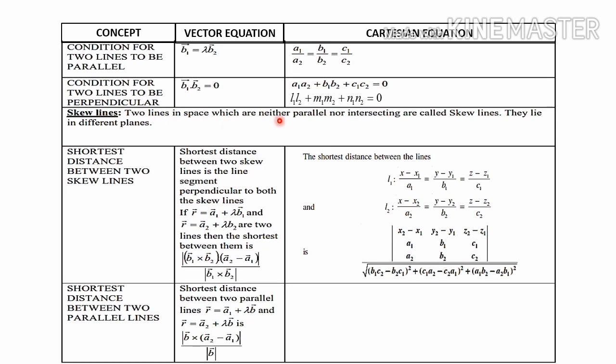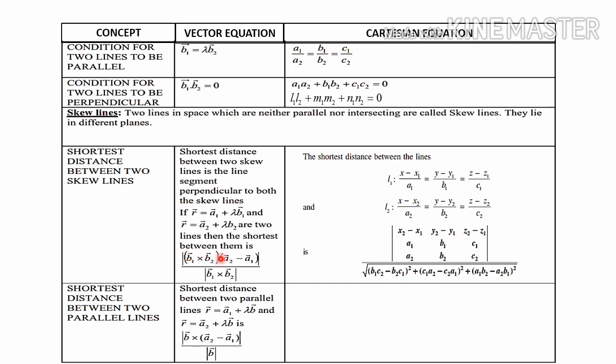Skew lines means the lines which are neither parallel nor intersecting and they are lying in different planes or non-coplanar. Shortest distance between two skew lines we have learned. There we have studied modulus together, but here I'm just keeping it separately because it is easy for you to calculate. Both are the same only.